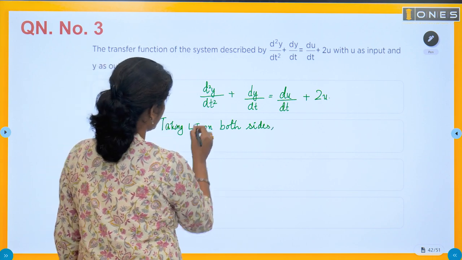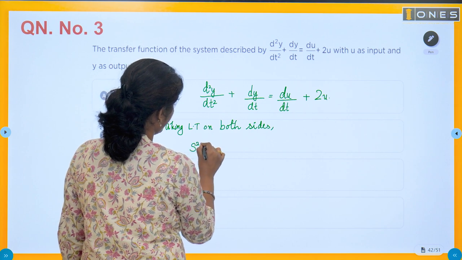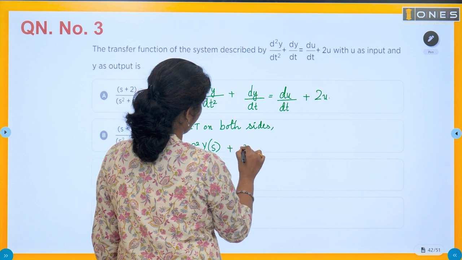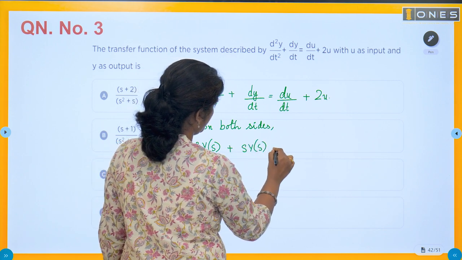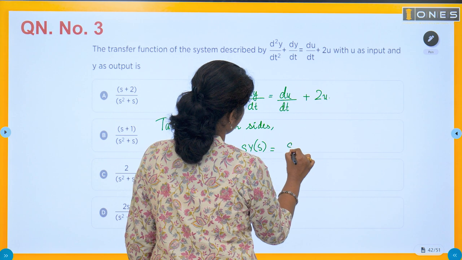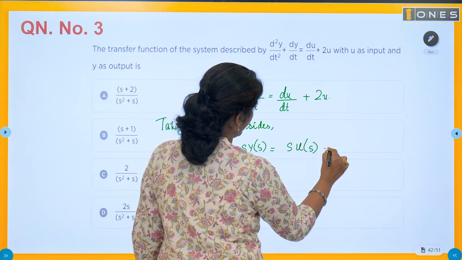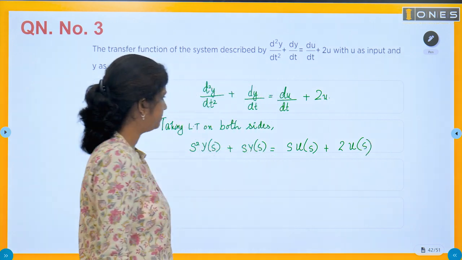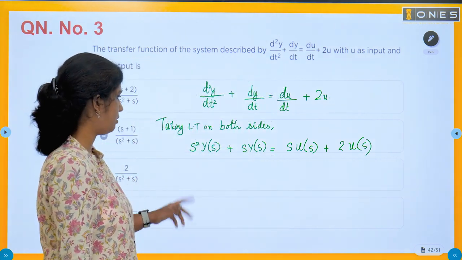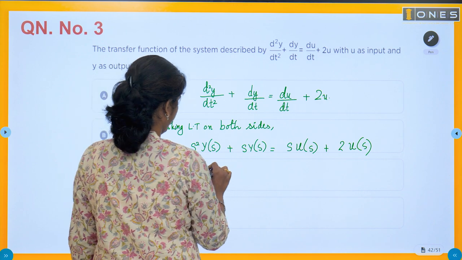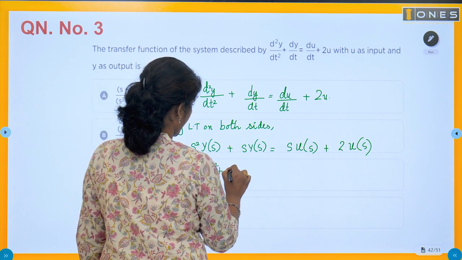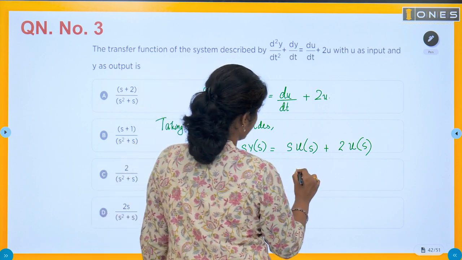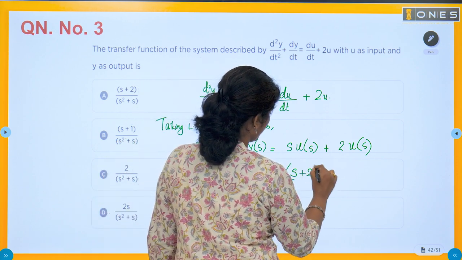So d square y by dt square becomes s square Y of s, plus dy by dt gives s Y of s, is equal to du by dt gives s U of s plus 2U of s. This is how you convert into S domain. So you just group the terms. We have s square plus s into Y of s is equal to s plus 2 into U of s.